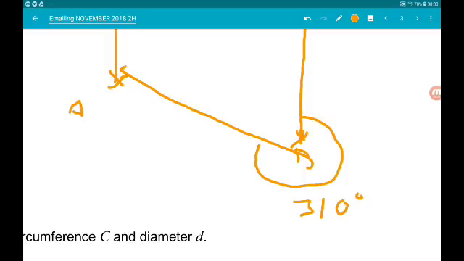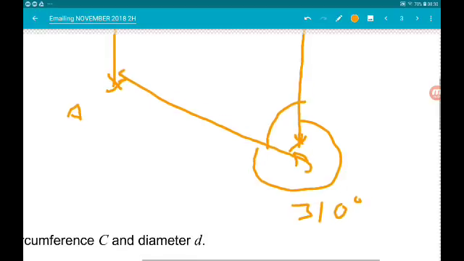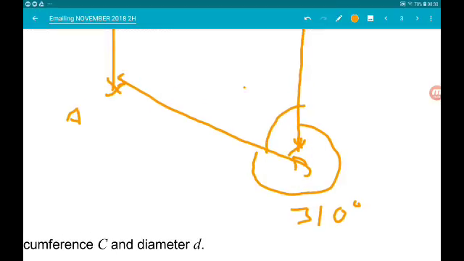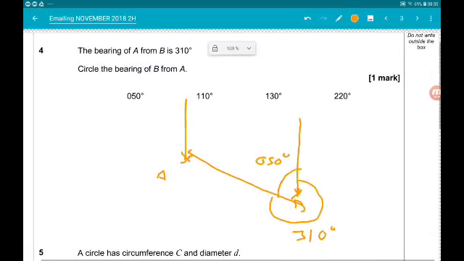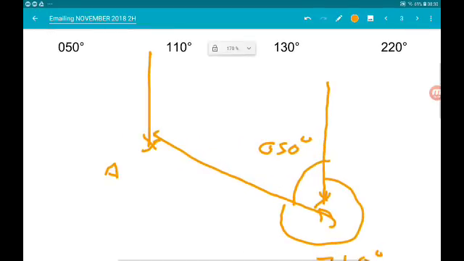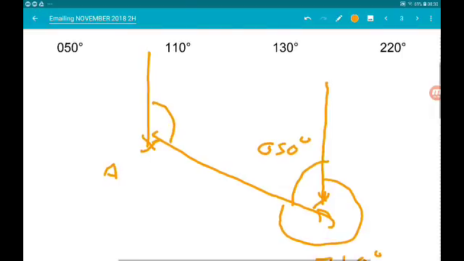Angles around a point add up to 360, so this angle has to be 50 degrees. Now we want the bearing of B from A, so that is this angle here.